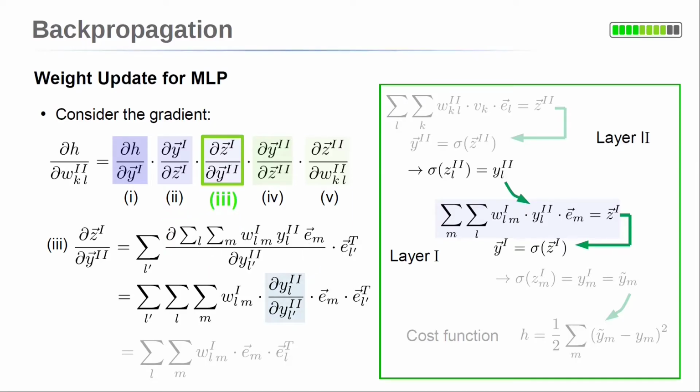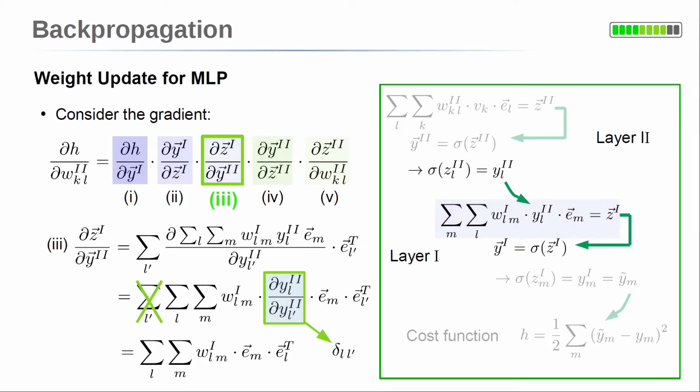The partial derivative of y_L of layer 2 with respect to y_L' of layer 2 is 1 for L equals L', otherwise it is 0. This is again a Kronecker delta, δ_LL', which is 1 for L equals L' and 0 otherwise.